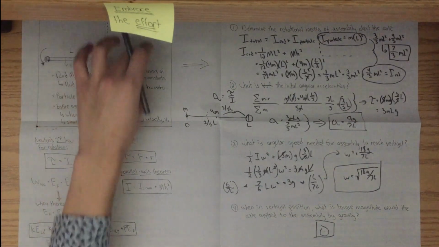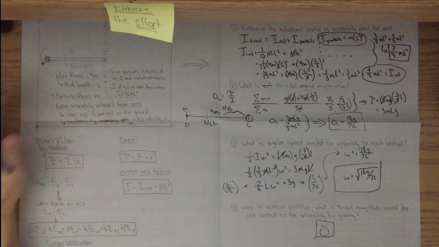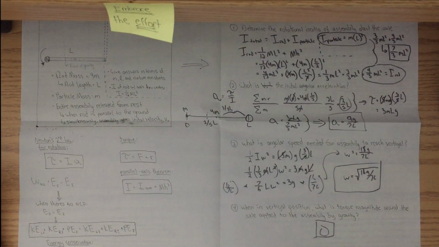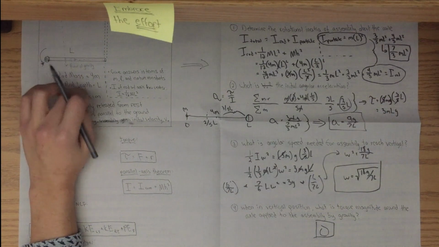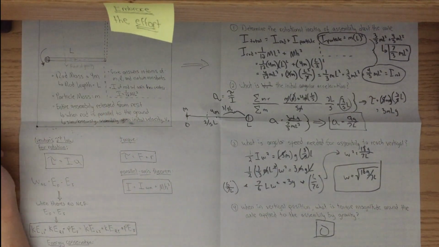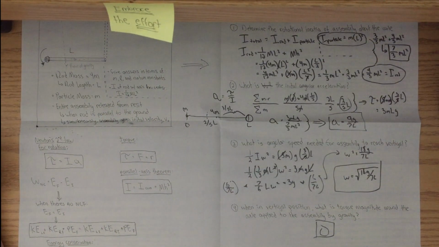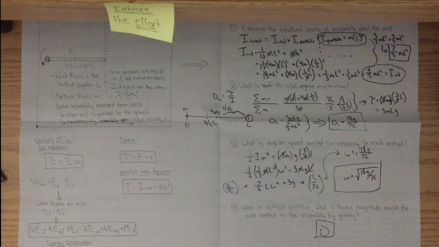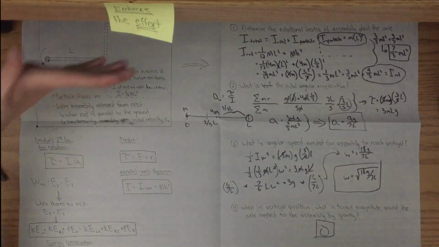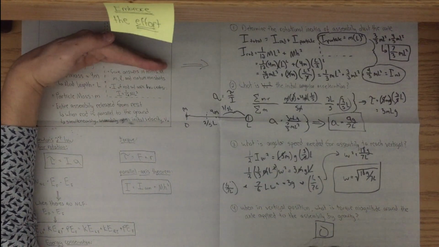And then at the end, since it comes to rest, there is no angular speed, there is no kinetic energy, there's only potential energy. So initially there is only kinetic energy, and at the end there's only potential energy. That might be a little bit complicated, but again, we think about the idea of a gravitational reference line and how gravity itself is referential, especially in problems like this. I'm going to set my gravity line here.